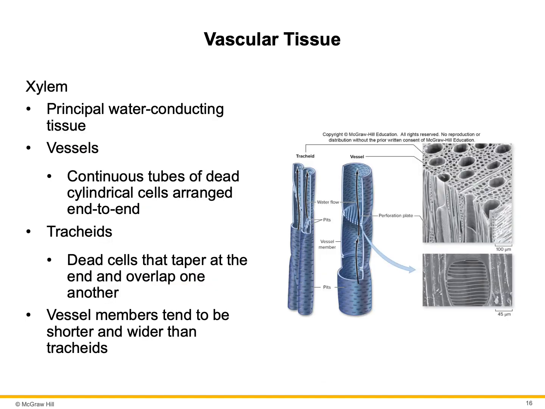So let's first look into xylem, which is the principal water conducting tissue in plants. They contain a combination of vessels and tracheids. Vessels are continuous tubes formed from dead hollow cylindrical cells arranged end to end like a tube. On the other hand, tracheids are also dead cells that taper at the ends and overlap one another.